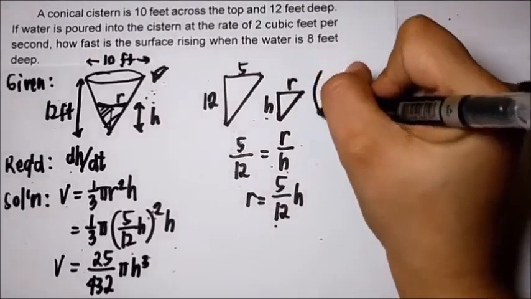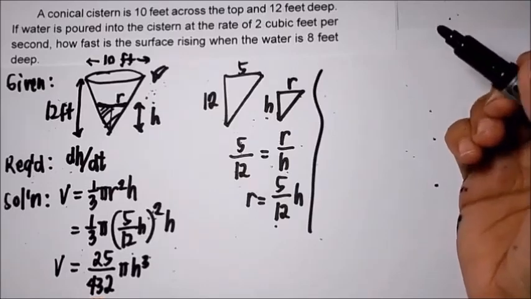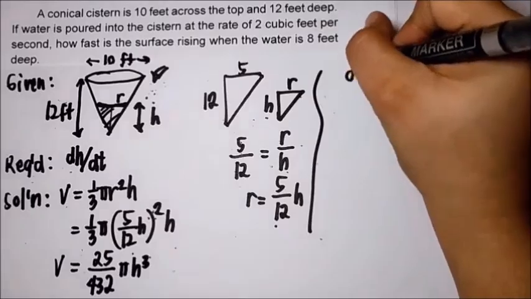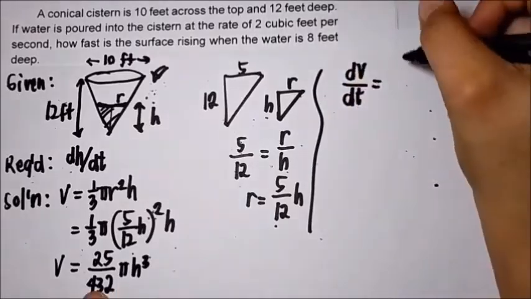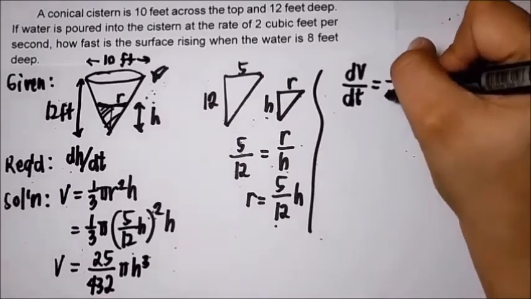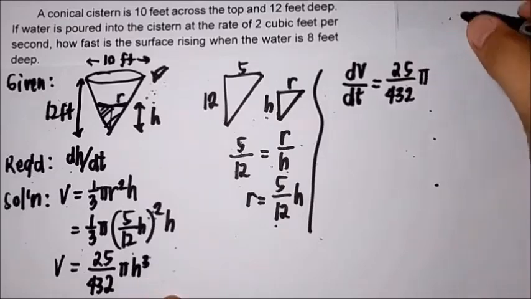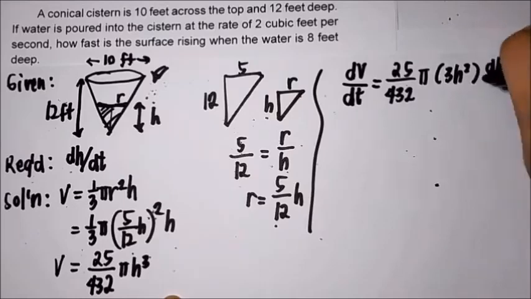From that, we can now differentiate this. What would be the derivative of this with respect to time? So dv over dt equals 25 over 432 pi, and then the derivative of h cubed is 3h squared dh over dt.